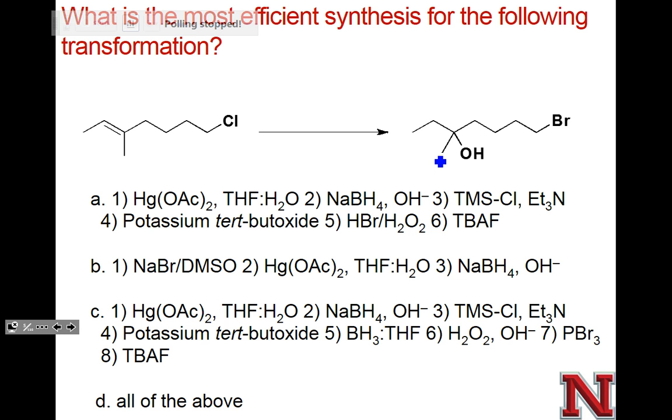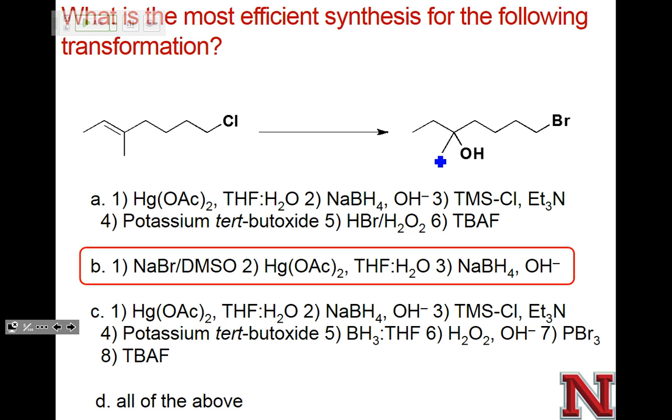So for this question, the most efficient route is B. But A, B, and C will all work, actually. They'll all get you to your final product. But A and C both have really long routes that seem a bit unnecessary.